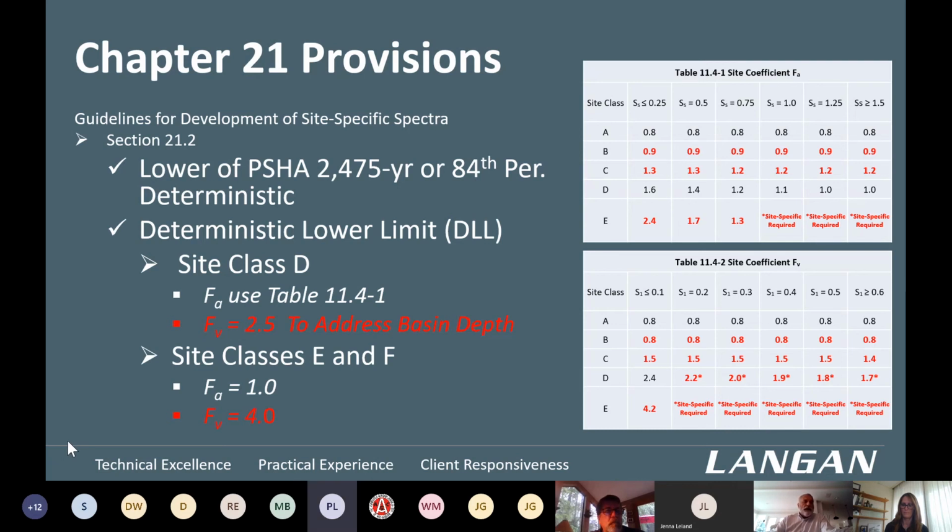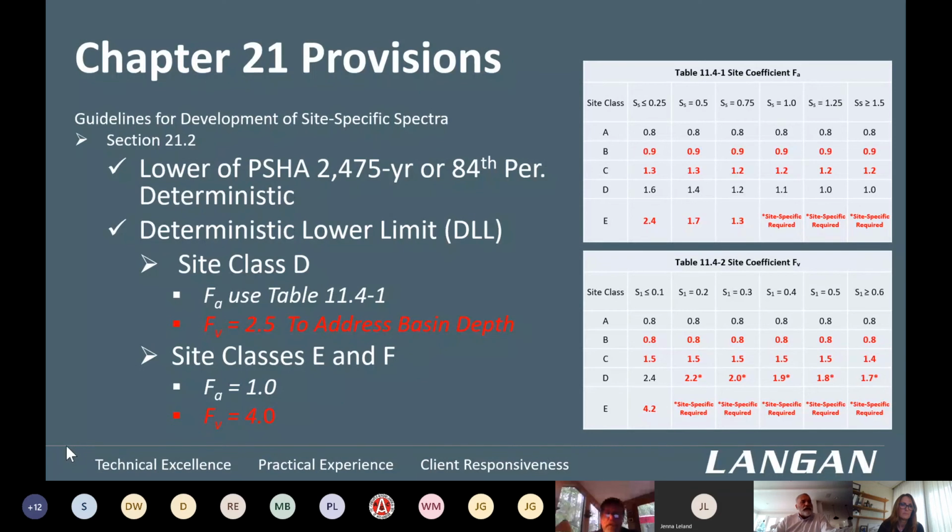But the most important thing to note here is that the long period site class factor F sub V in the new provisions has significantly increased. F sub V for site class D used to be a factor like 1.5, and now it has gone to a value of 2.5.